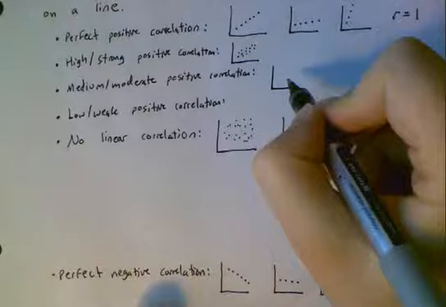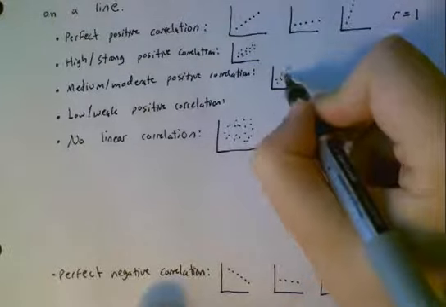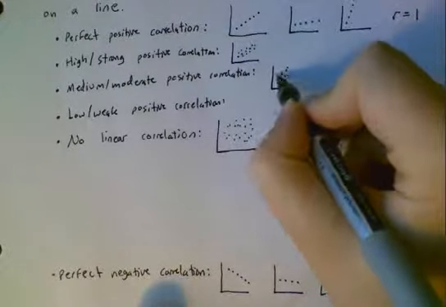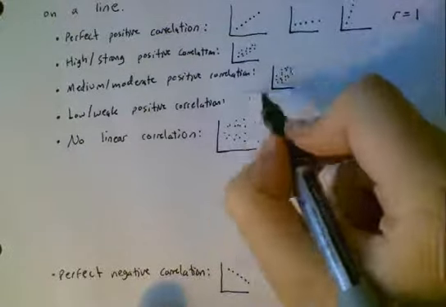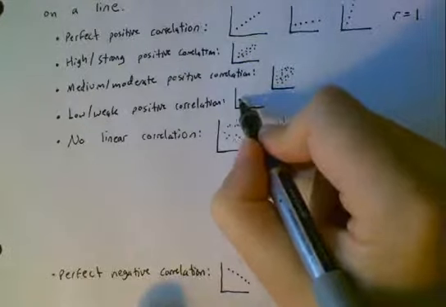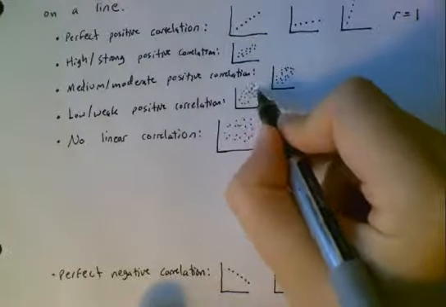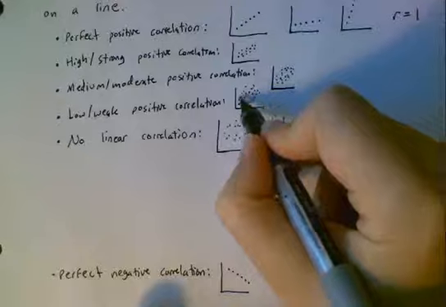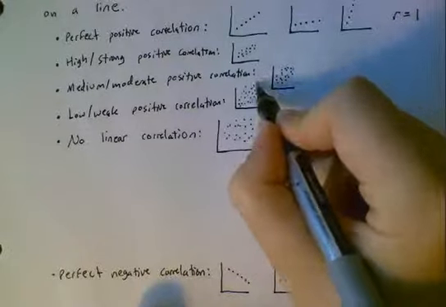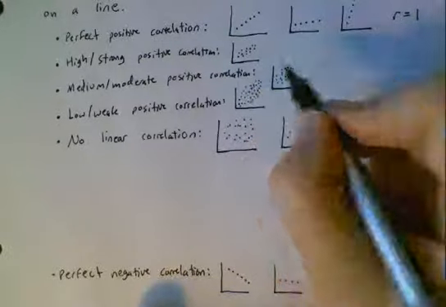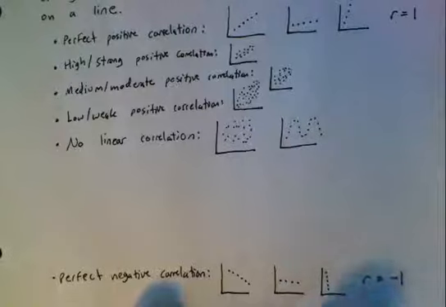Medium or moderate, there would be a little bit more spread around. And a low or a weak one, there's a linear relationship there, but it's not all that easy to see.